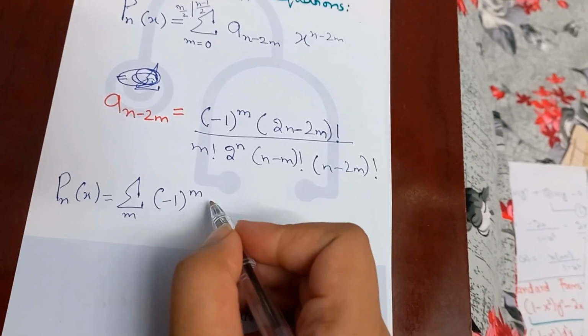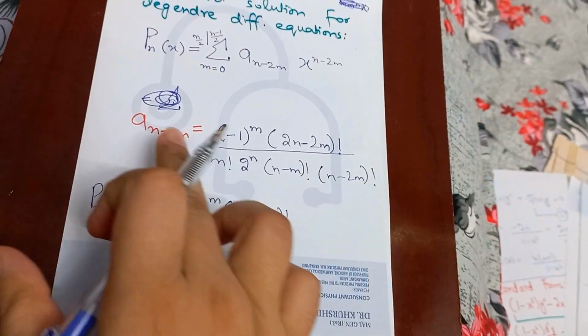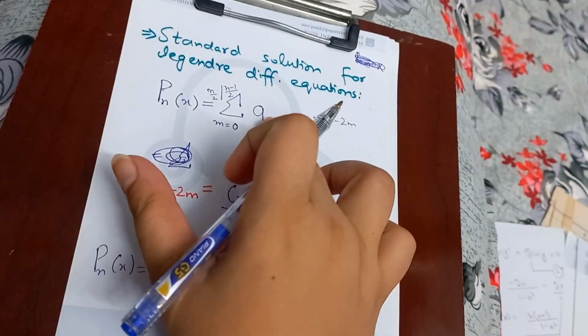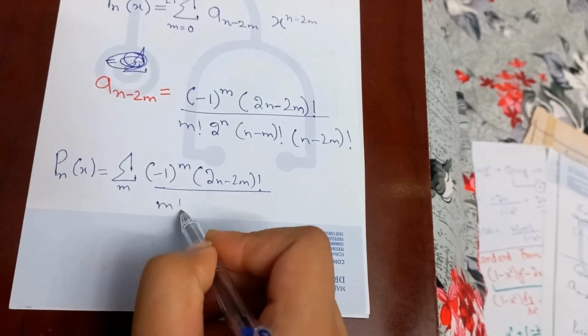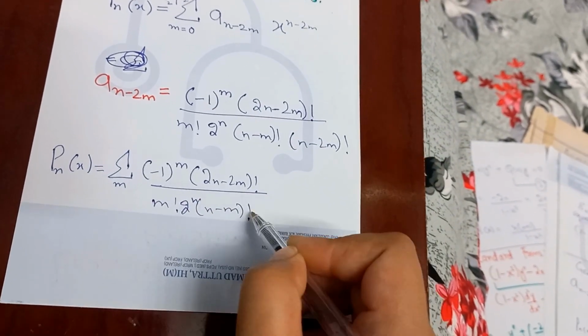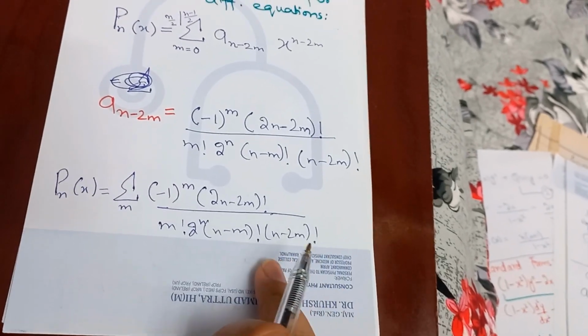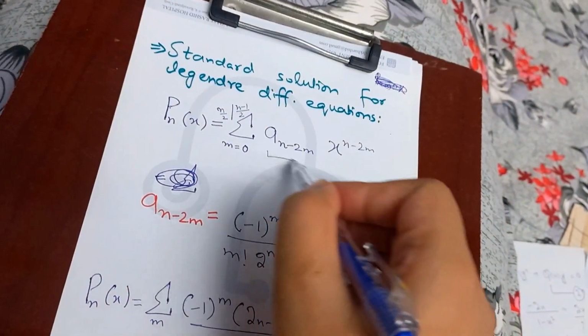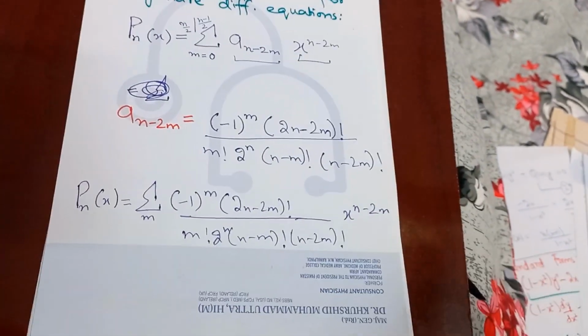Minus 1 to the power m, (2n minus 2m) factorial. I'm just writing the value of a n minus 2m. Here, m factorial, 2 to the power n, (n minus m) factorial, (n minus 2m) factorial. It's just a constant. This is the variable, which is x to the power n minus 2m.